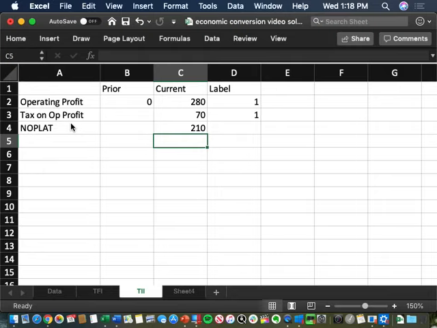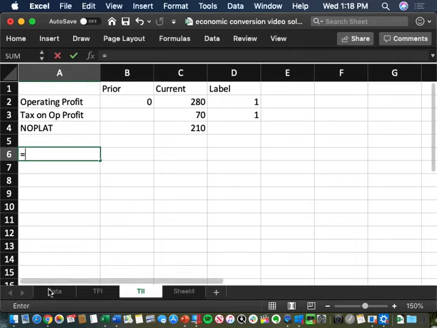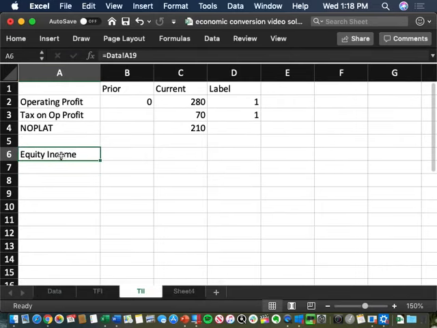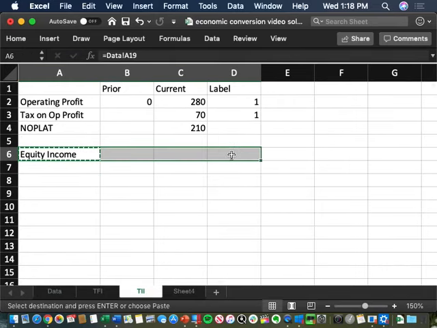Okay. Next, non-operating profit. Our non-operating profit would be our equity income. Now here's the thing.